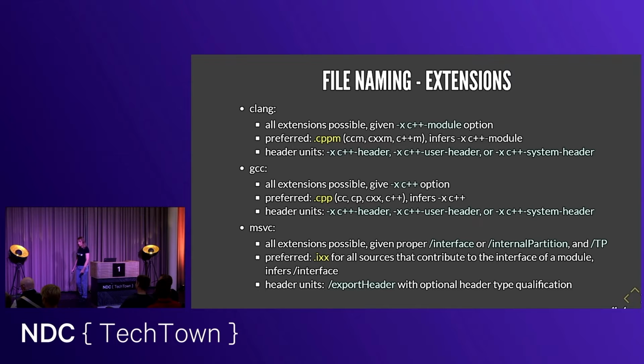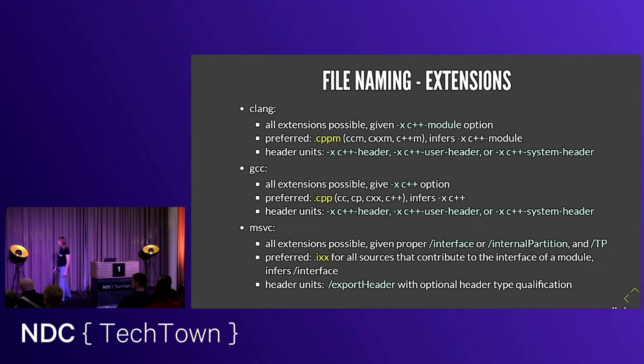Each compiler allows for flags that you can give so that they would expect any source file with any name as a translation unit for a module. The same, we have also compiler flags to accept it as a header unit, but we won't talk too much about header units. And as you can see, every compiler has a different opinion what the true extension of a module source file is.